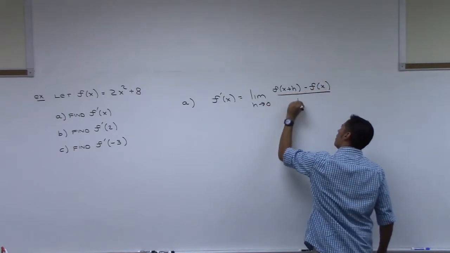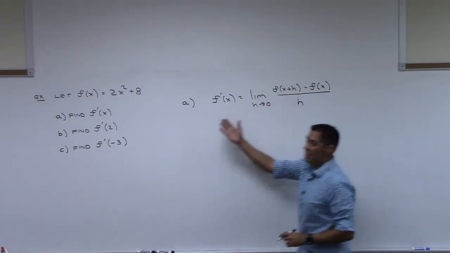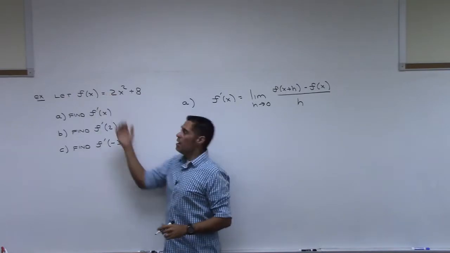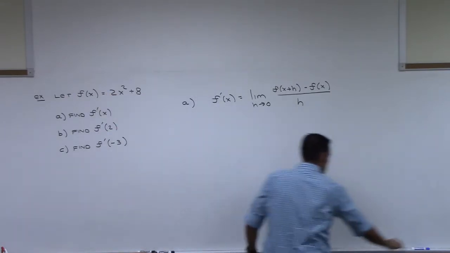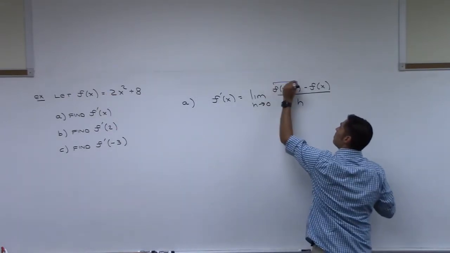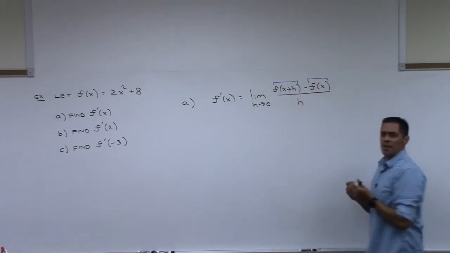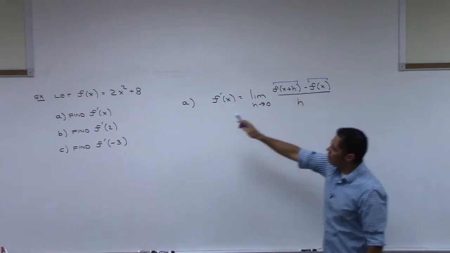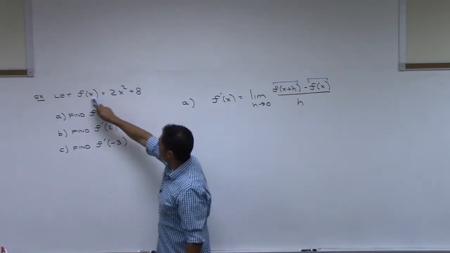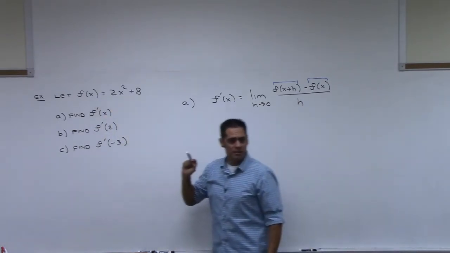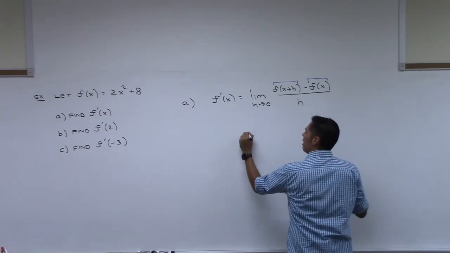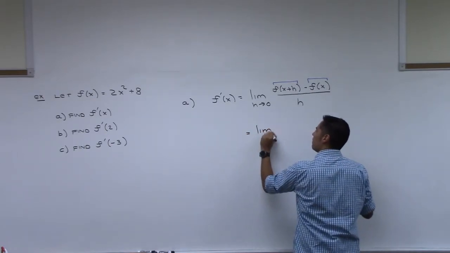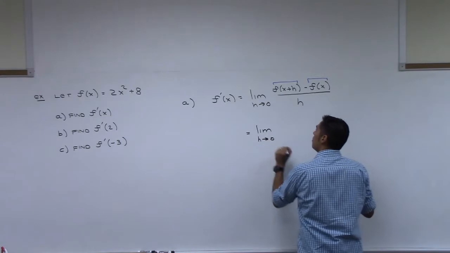But now that somebody has given us the exact function to work with, I can replace this piece and this piece with something else. To plug x plus h into this function means I replace the x right here with x plus h, right? So my next line will be limit h goes to 0.